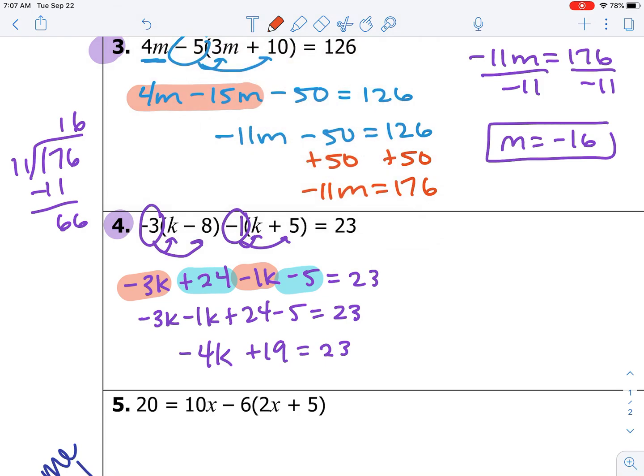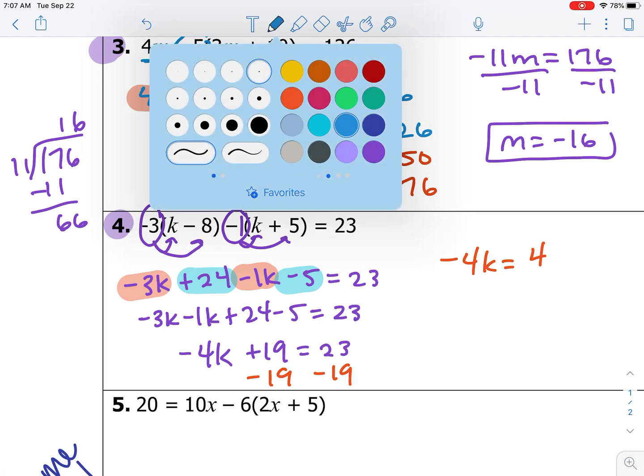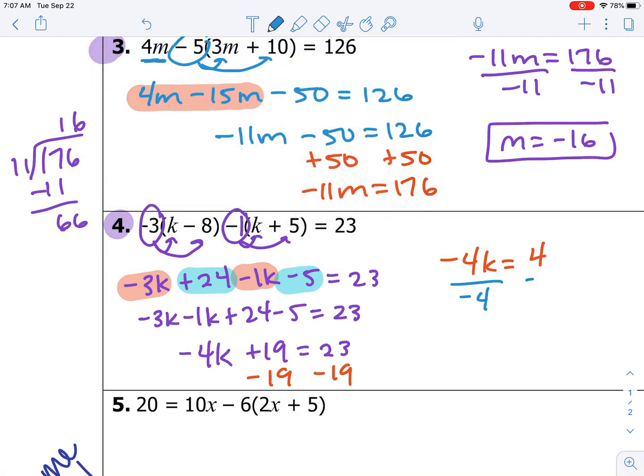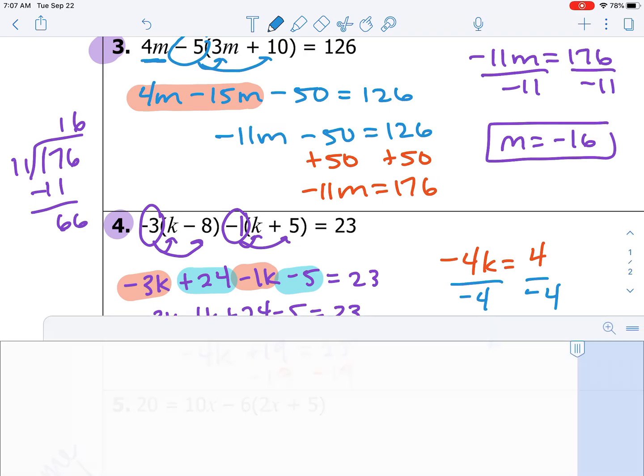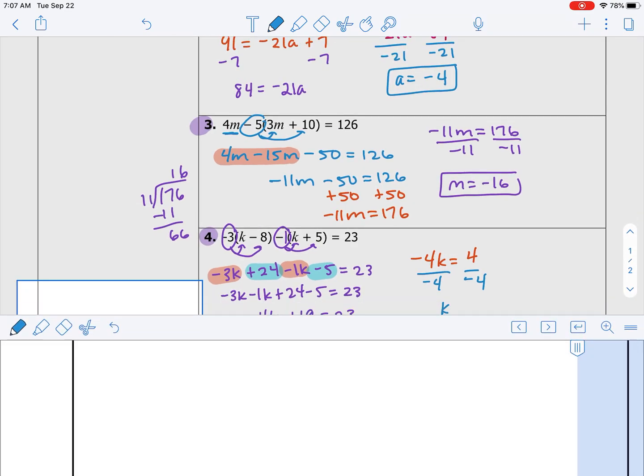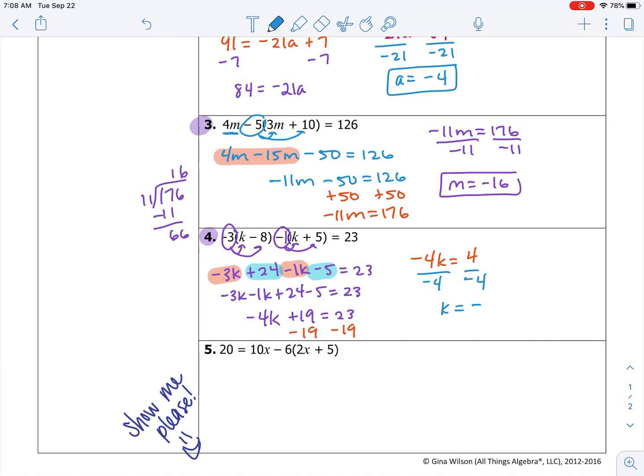From here, we need to subtract 19 from both sides. Negative 4k equals 19 taken away from 23 is positive 4. So our last step here is we need to divide both sides by negative 4. So k is negative 1.